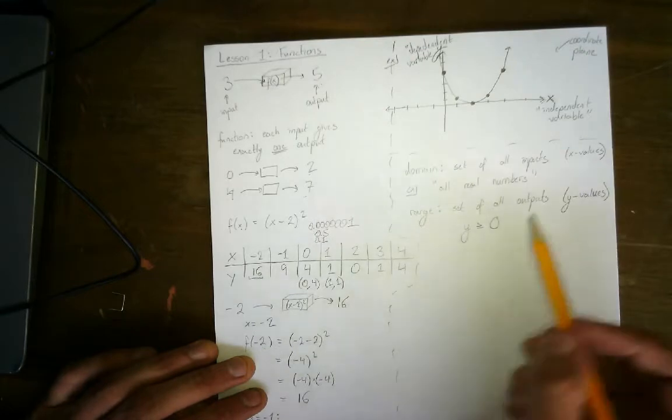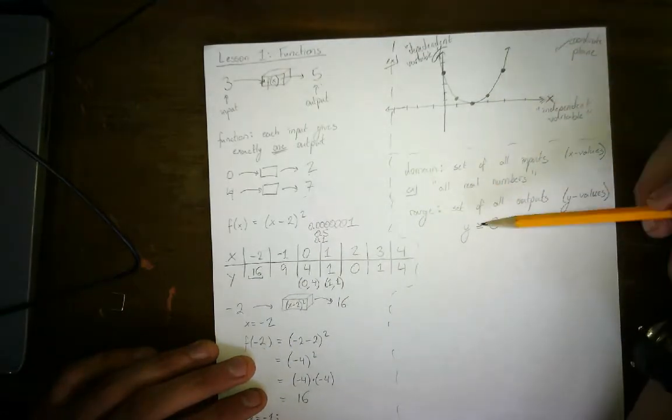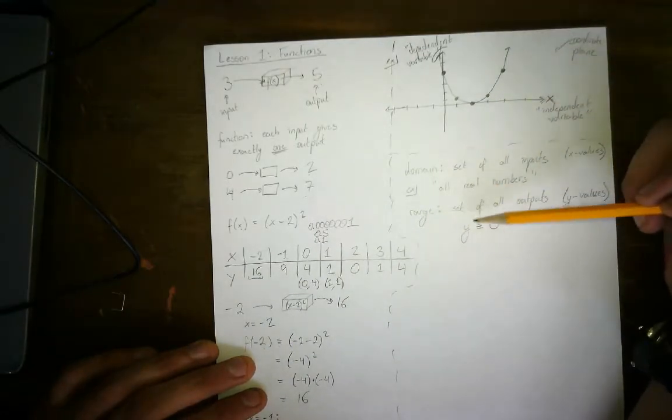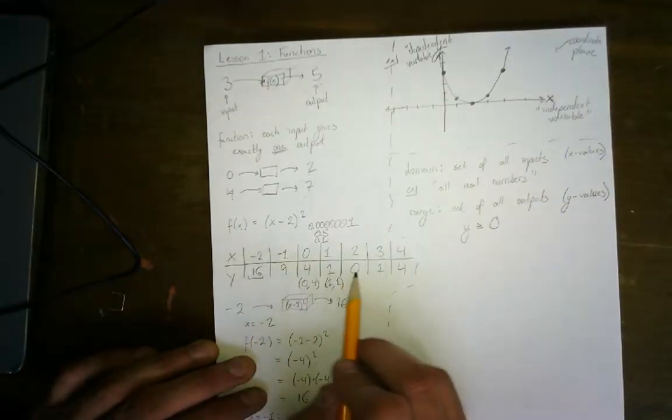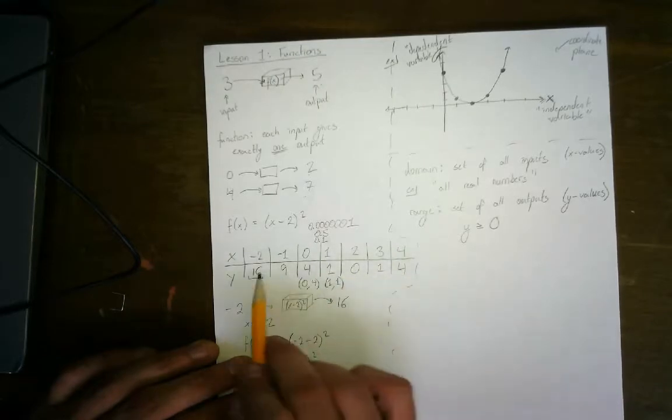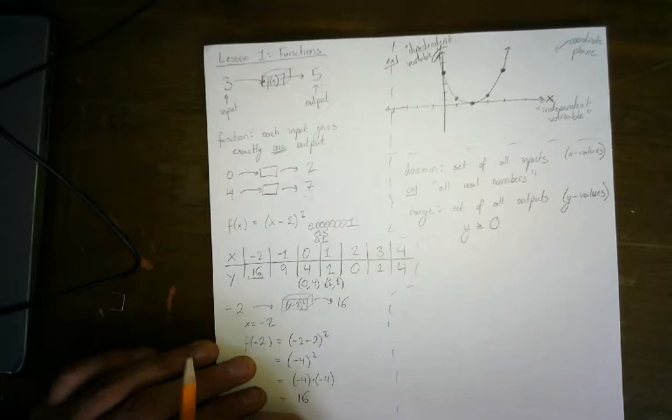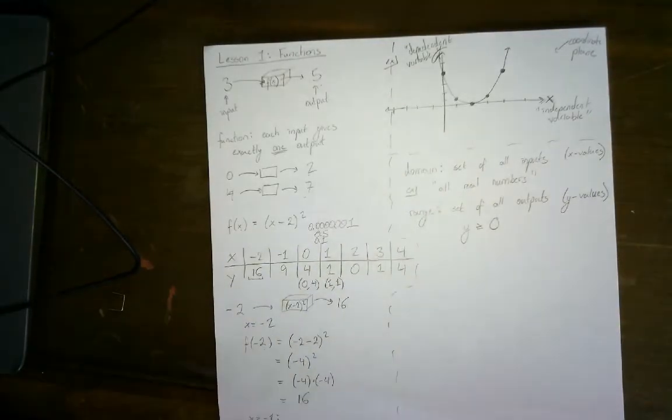So our range is saying, hey, we know our function is going to have outputs that are always bigger than or equal to 0, and we can see that on our table right here. We hit that 0, but everywhere else it's always going to be greater than 0. We're never going to hit a negative number. So two more little pieces of vocab.